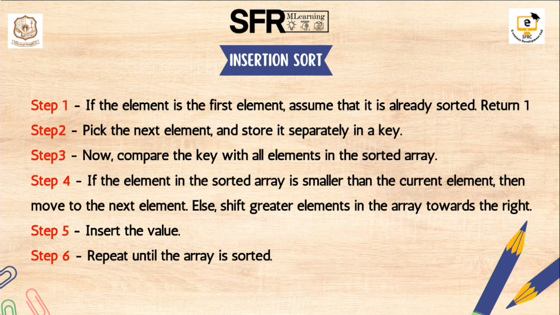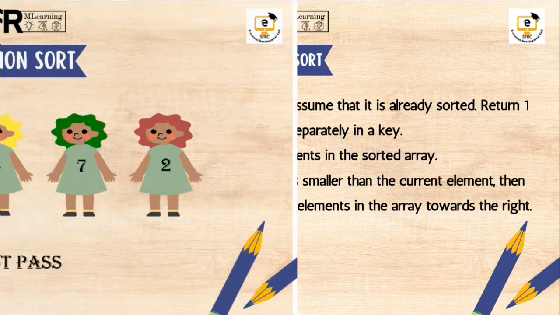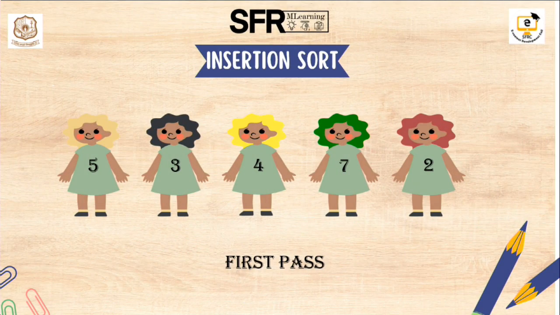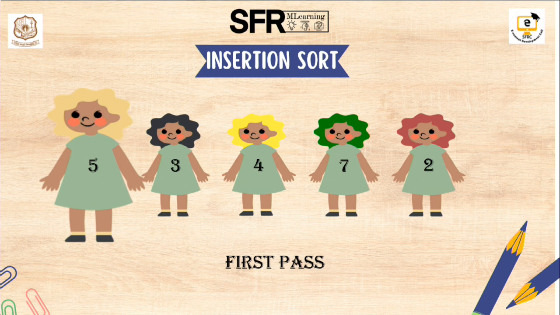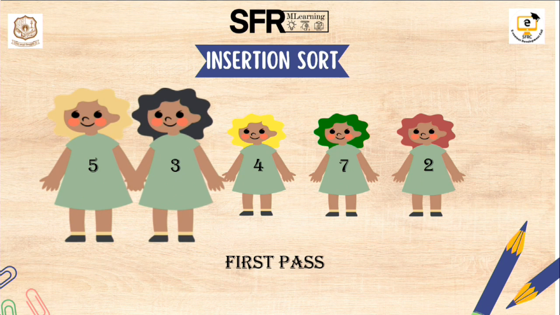Let's take an unsorted array. It will be easier to understand the insertion sort. Let the elements of the array be 5, 3, 4, 7, 2. In first pass, the first two elements are compared in insertion sort. Here 5 is greater than 3. So 5 is not at the correct position.